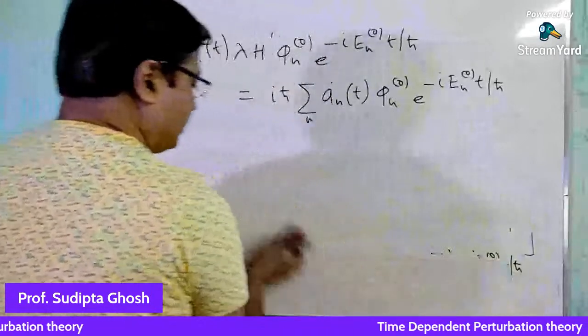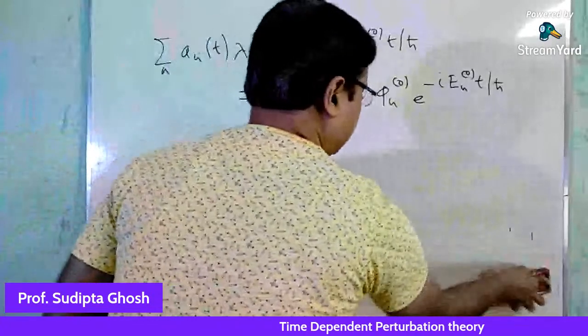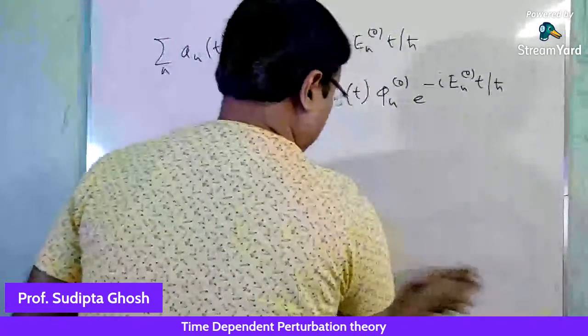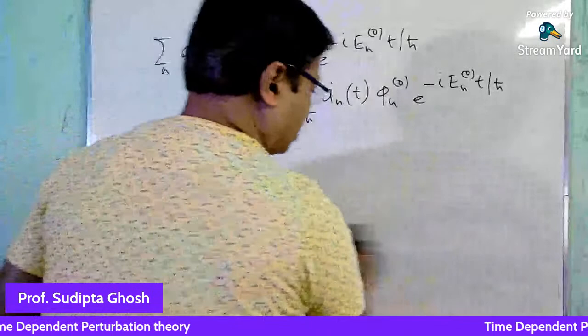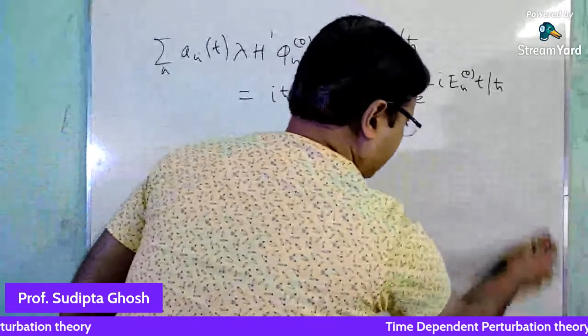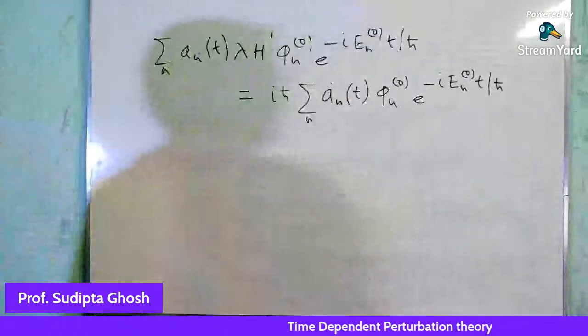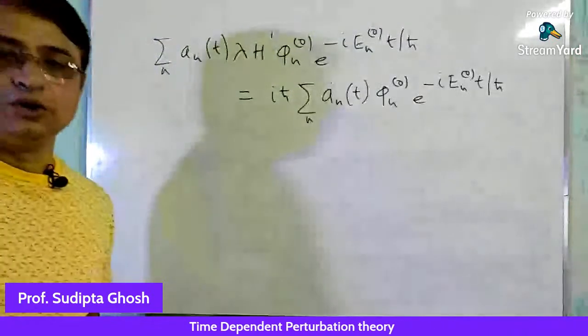Now, this theory you can find in any standard book of quantum mechanics. You can find it in Ghatak, as well as you can find it in Aruldas.